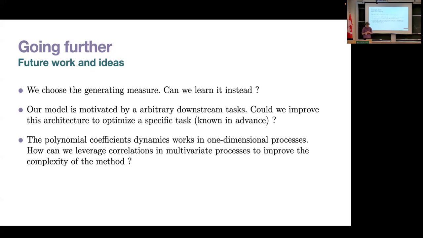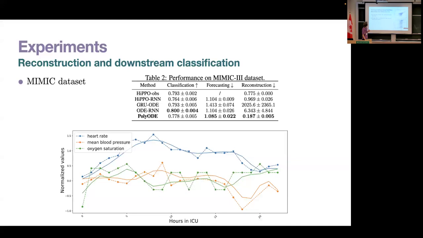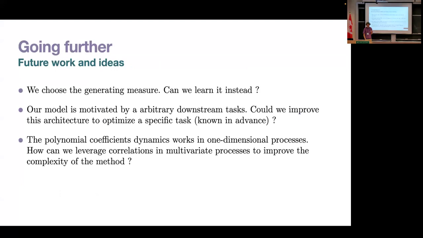But it would leverage the correlations between different channels. When you have heart rate and oxygen saturation, for instance, and you know beforehand that there are some correlations between the two time series, how can you leverage that better? Because for now, in terms of the number of dimensions, it is not leveraged.